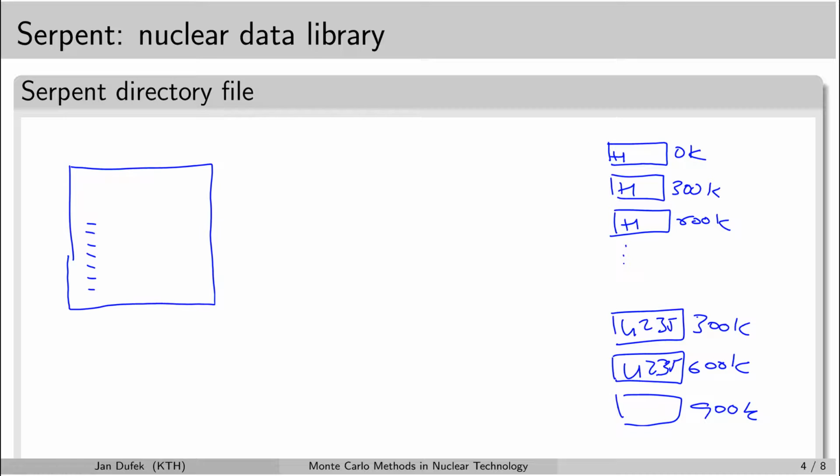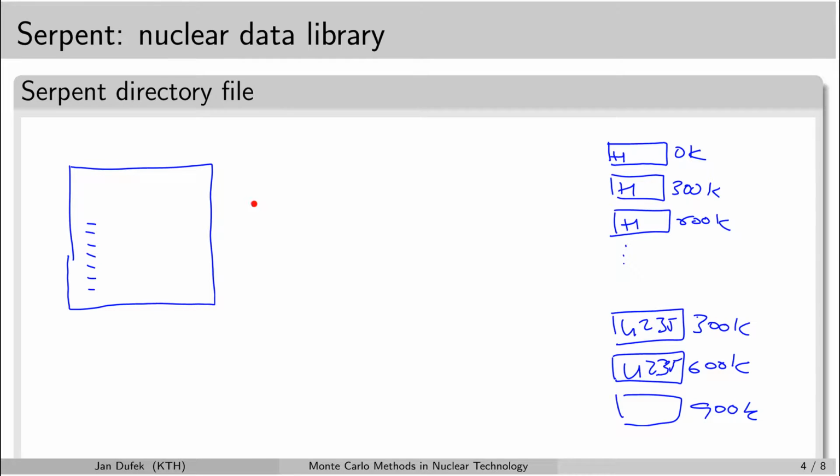We may have several dozens of different nuclides describing the materials of the fuel, the cladding, the coolant and all the construction materials. In principle, we need to associate each nuclide with a file in which the cross-sections for this nuclide at the specific temperature are present, right?